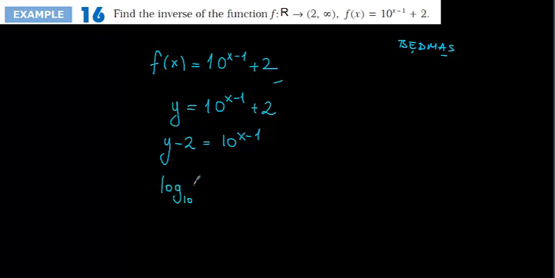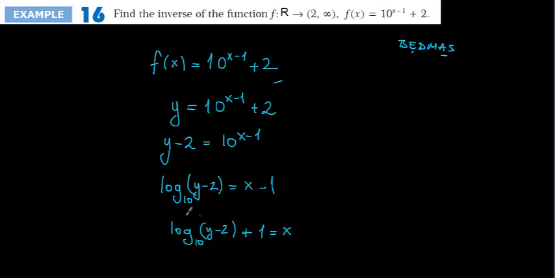So logarithm base 10 of y minus 2 is equal to x minus 1. x still is not alone, so this minus 1 should go to the other side: logarithm base 10 of y minus 2, plus 1, is equal to x.